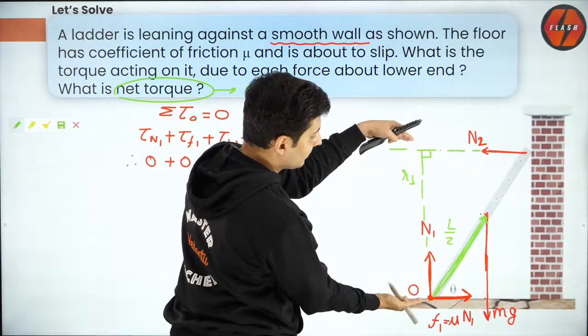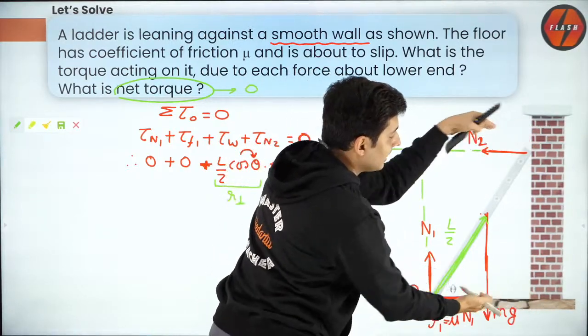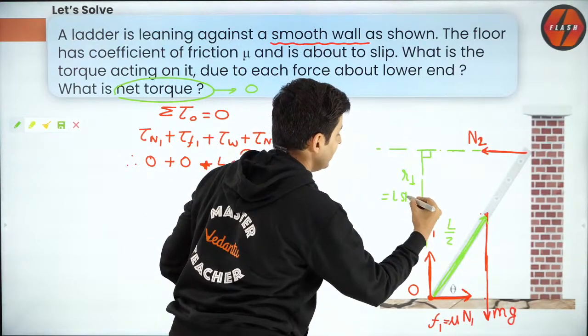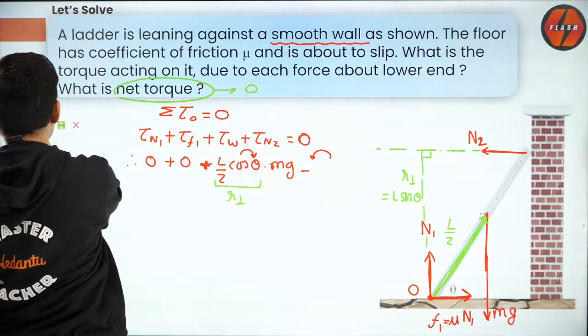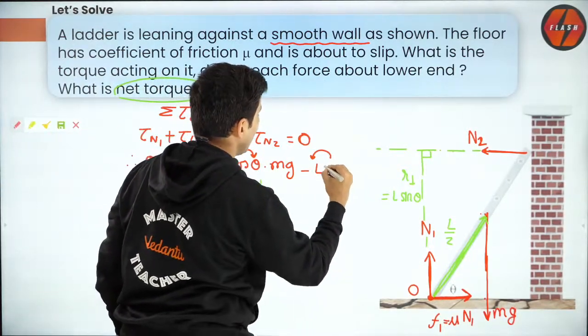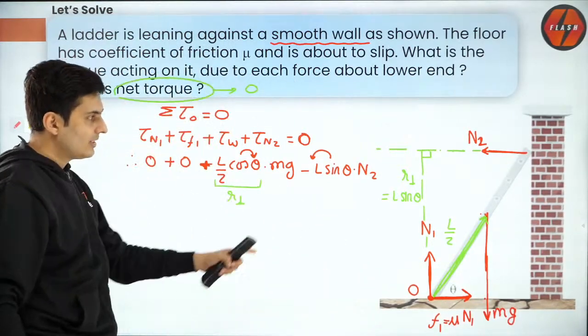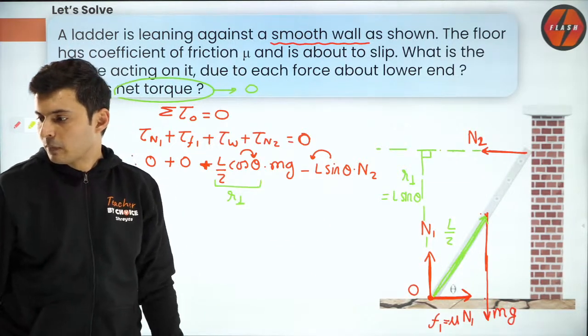How much is this? This is L sine theta. Can you see that? Because this entire thing is L, so this is L sine theta. That's it. That will give you the answer. L sine theta into N2. Is that fine, everyone? Very good. I hope this is fine.